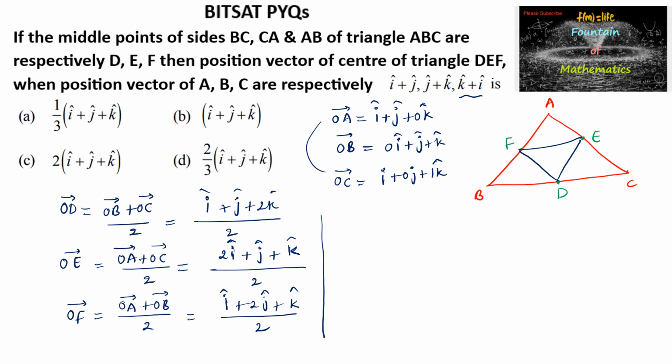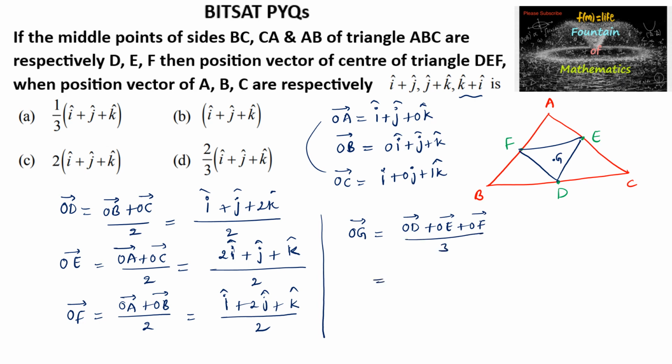Now since we need the center of triangle DEF, let us consider G to be the center point. Then the vector OG can be taken as (OD plus OE plus OF) upon 3.